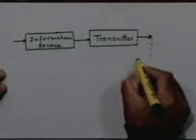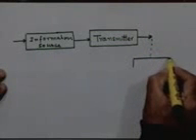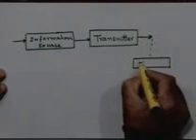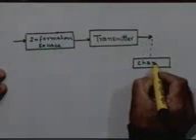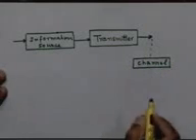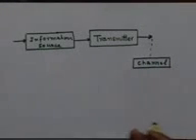And the information is now ready for putting on the channel. The physical channel, the physical medium through which we transmit this information, we'll call the channel. So channel is an abstraction for every kind of physical medium through which you will transmit information.